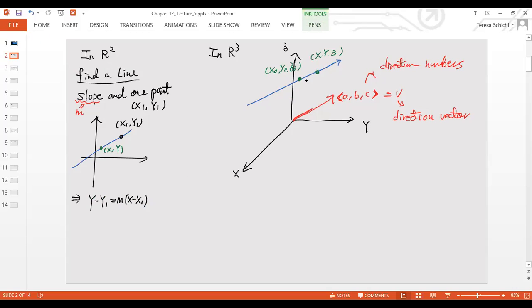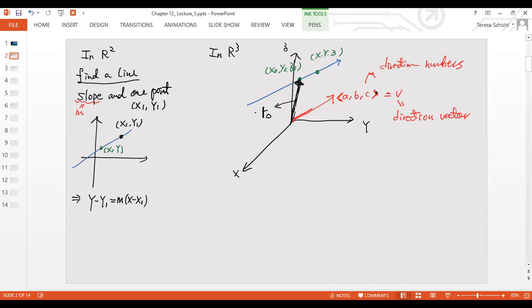Okay, so for this point x0, y0, I can create a vector, right? This vector, this is my vector. I call this the R0 vector.